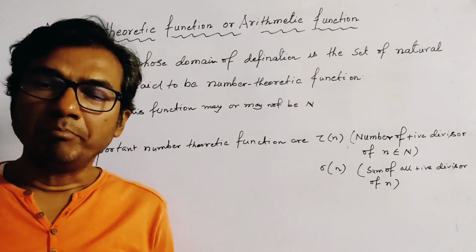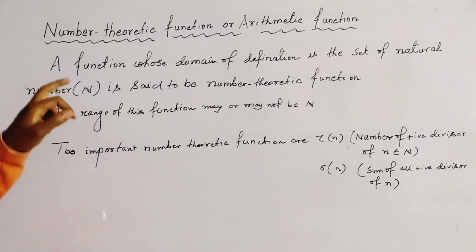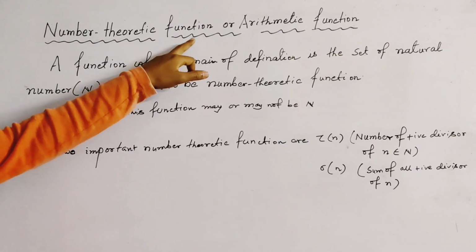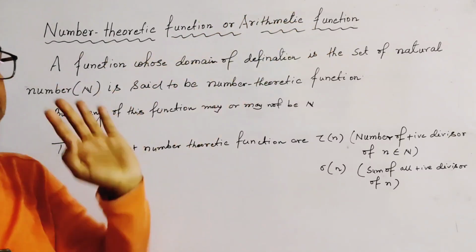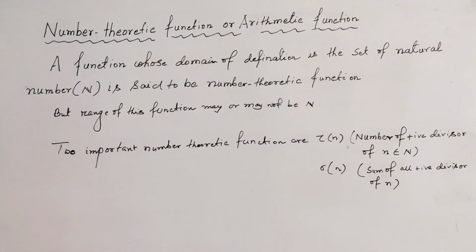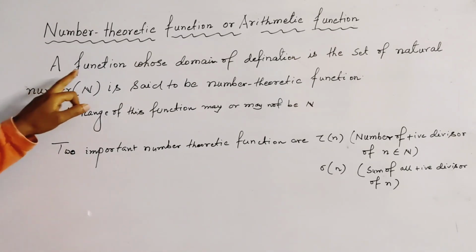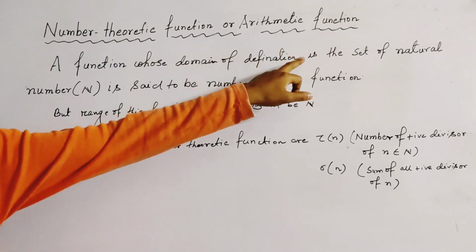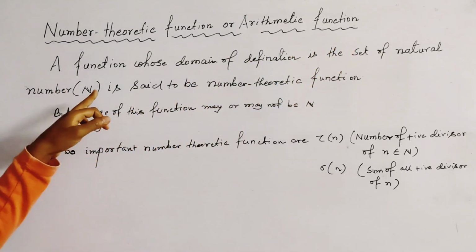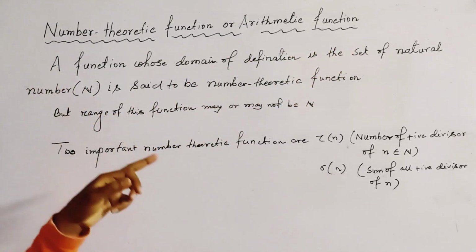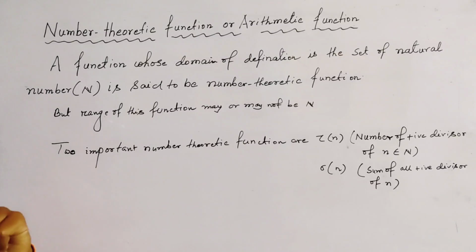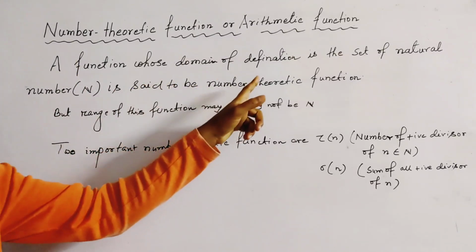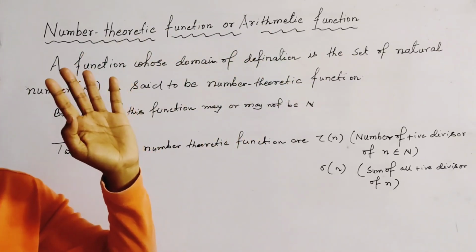What is number theoretic function? Number theoretic function or arithmetic function. Clear? We see that a function whose domain of definition is the set of natural numbers N or the set of positive integers is said to be a number theoretic function. Clear?